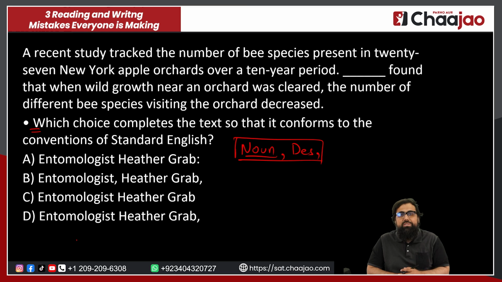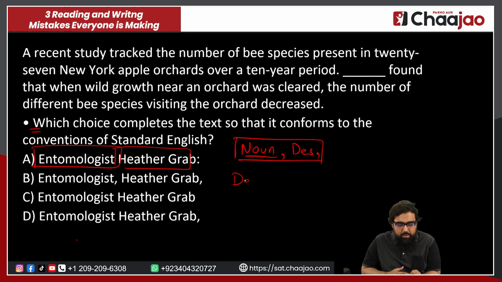So this is the question that you have to see how you have to solve. Now, normally you have this as your noun, you have this as your description, and normally what we do is that we write it between 2 commas. But what we have to understand over here is the position of the description.